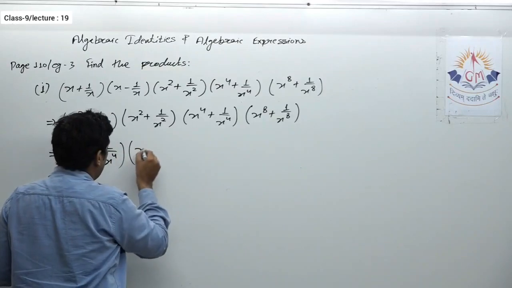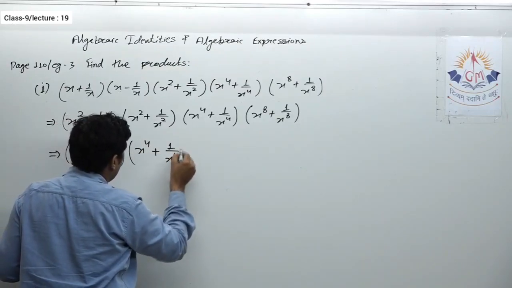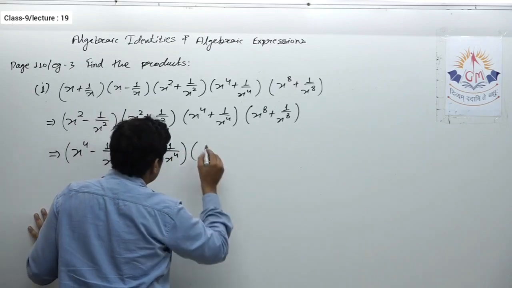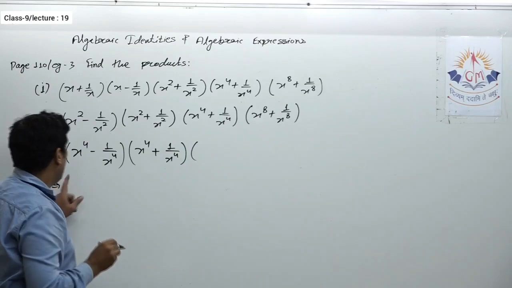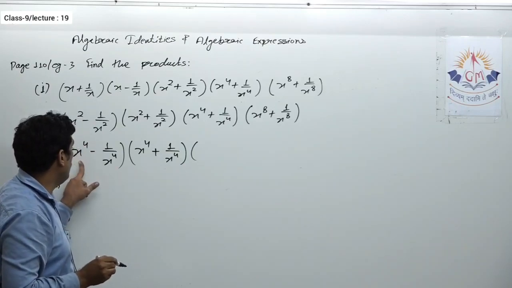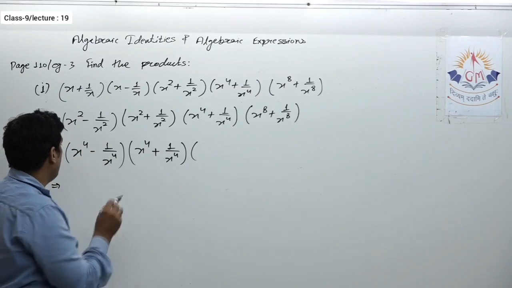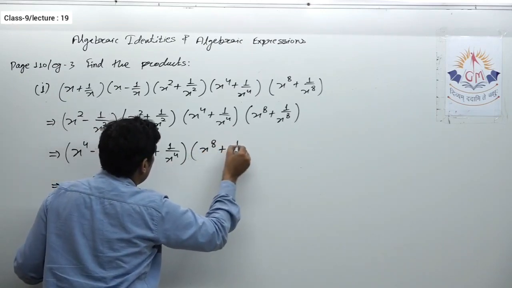Here I have x raised to 4 plus 1 upon x raised to 4 over here. Now here again I can say it is a square minus b square. So this raised to 2, that is its a square, and here this I do write as it is. I forgot to write.